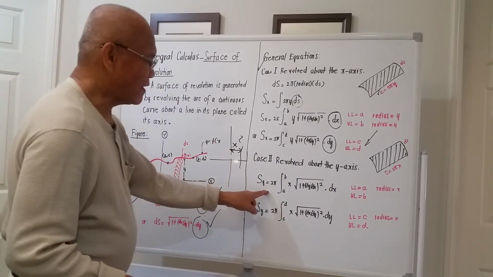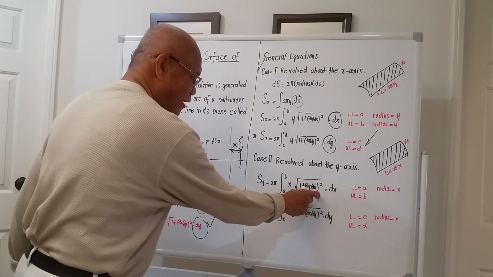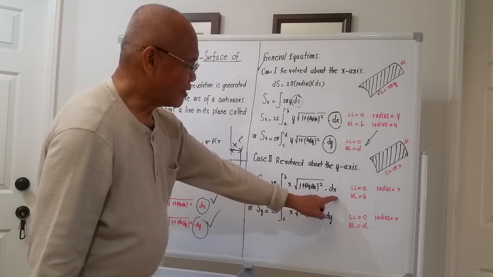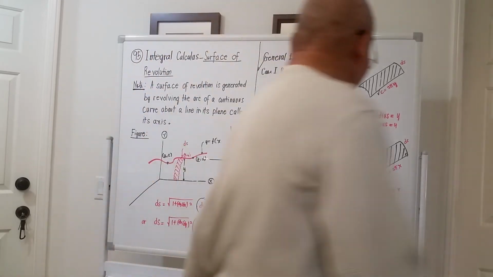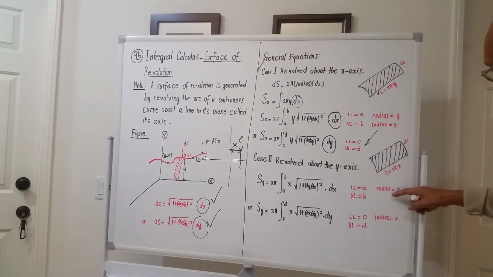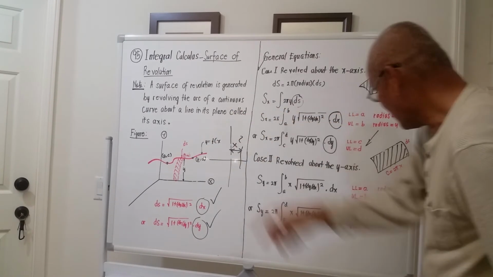So this is 2 pi x times the formula for the length of arc. Two forms: with respect to x, the first one, with respect to y, the second one. On the first one, the upper limit is b, lower limit is a, the radius is x, if it is rotated with respect to the y-axis.